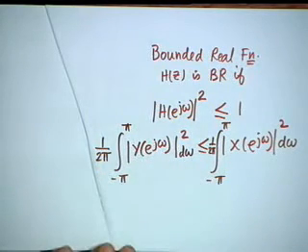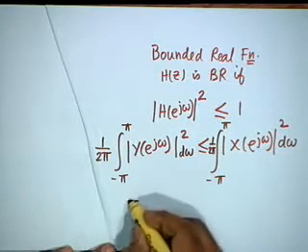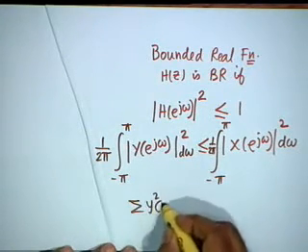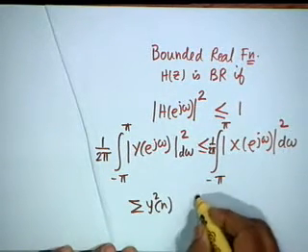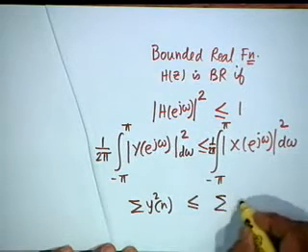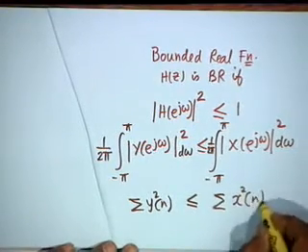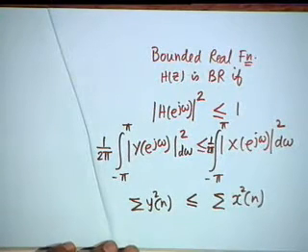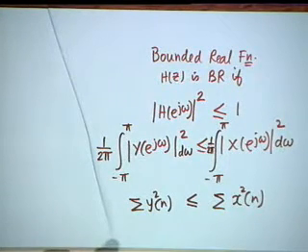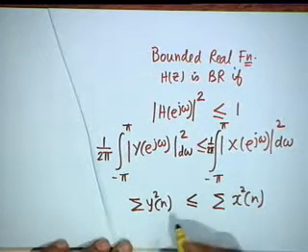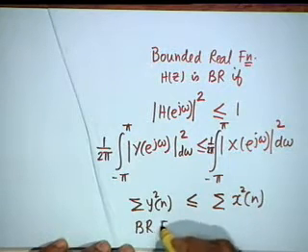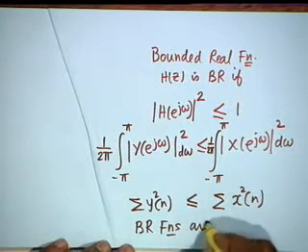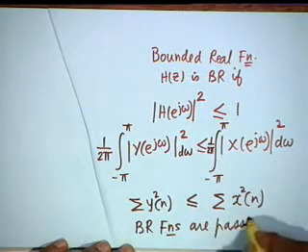Then the left hand side by Parseval's theorem is simply the energy of the output signal, right, by Parseval's theorem. Therefore, it follows that it is summation x squared n, that is, the output energy is less than or equal to the input energy. In other words, bounded real functions are passive. Bounded real functions are passive.